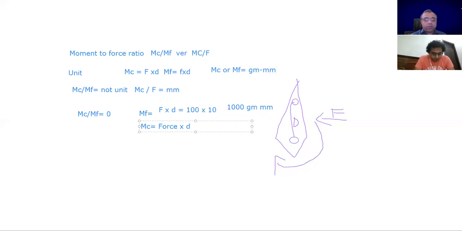Both are equal to 0. So moment of couple divided by moment of force would be 0 divided by 1000, and the result would be 0, because there's no force and no distance involved.